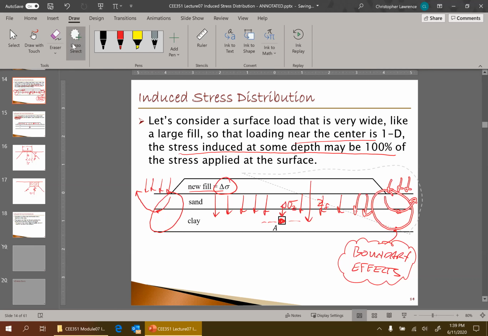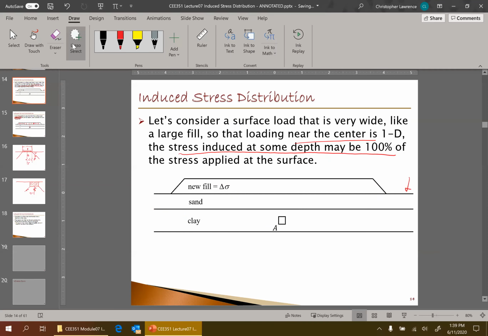slide a little bit and reuse it. Okay, so let's understand what I was talking about there. The stress induced at some depth may be 100% of the stress applied at the surface.